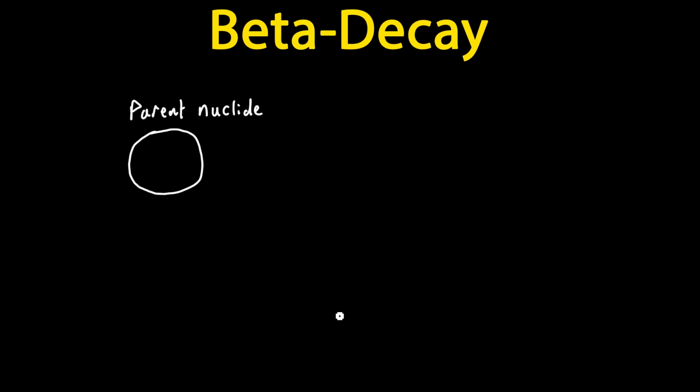So when beta decay occurs, the parent nuclide undergoes certain changes depending on the type of beta decay. Let's first focus on beta negative decay. This is where an electron gets ejected from the nucleus along with an anti-neutrino and some energy. When this happens, a neutron in the parent nucleus gets converted into a proton.